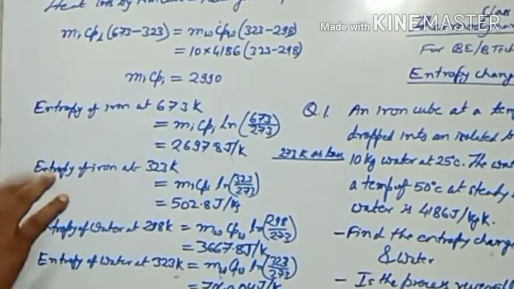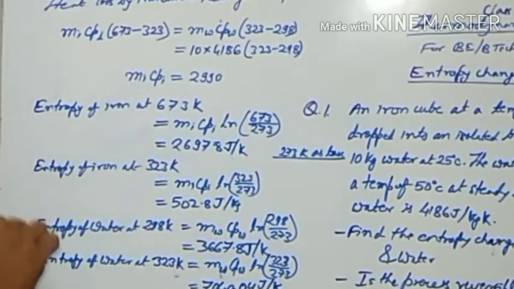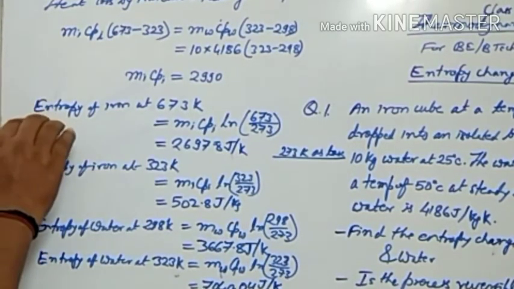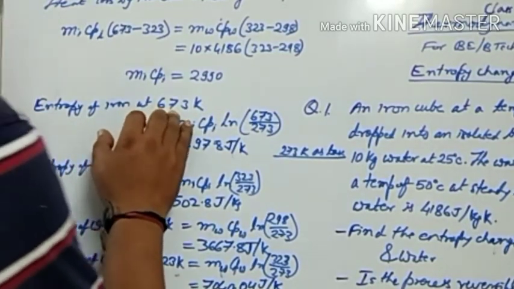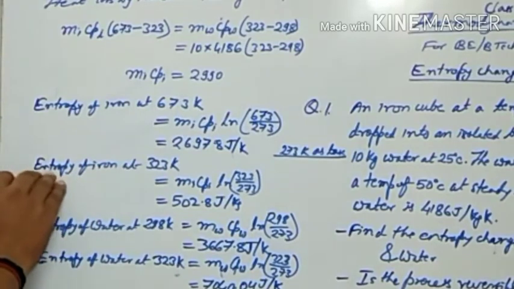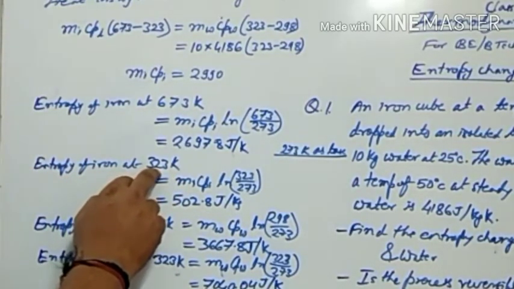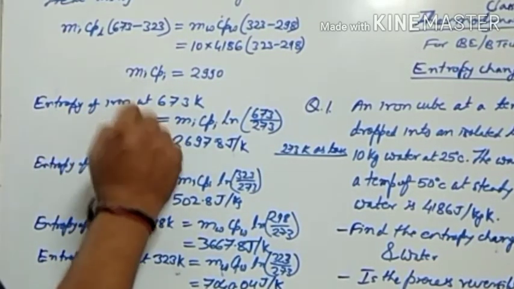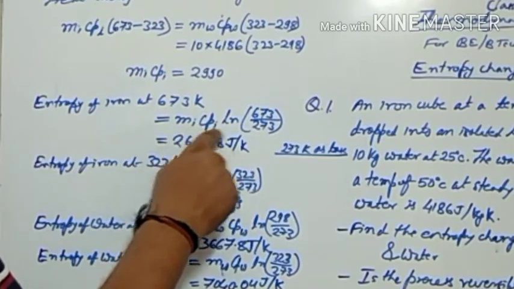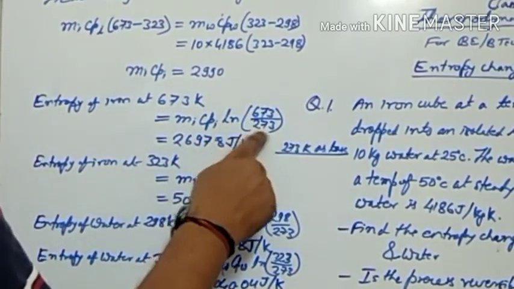Now we'll find out the change in entropy. To do this, we will find the entropy of the iron at the initial temperature, that is 673 Kelvin, and the entropy of the iron at the final temperature, that is 323 Kelvin. The entropy of the iron at 673 Kelvin is MiCpi log of T2 upon T1, that is 673 upon 273.